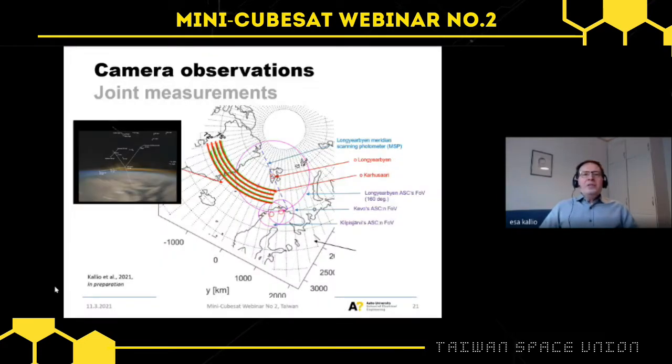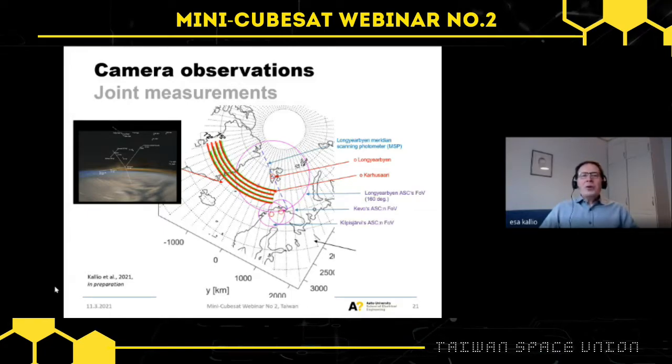And as I mentioned, one goal is that we have one unit, two simple instruments, but we have a lot of instruments on the ground. Here you can see the map, and at the center you can see Finland, Greenland, and Iceland.